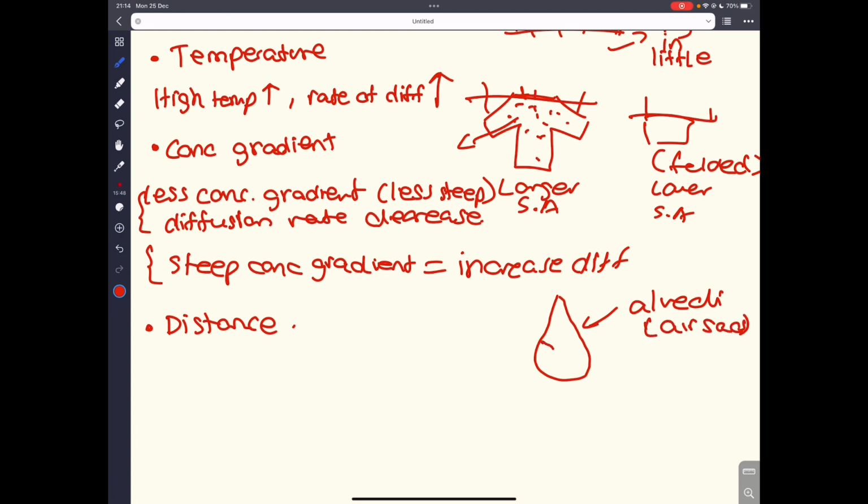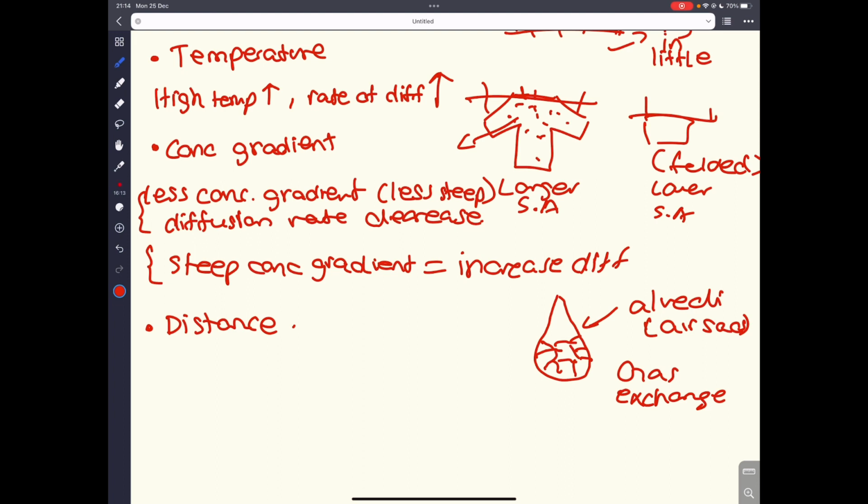On the alveoli, there are tiny little blood vessels called capillaries, and it is in these capillaries that gas exchange takes place. One of the special features of these capillaries is that they are really thin. Its diameter is really thin, so essentially its distance is also thin.